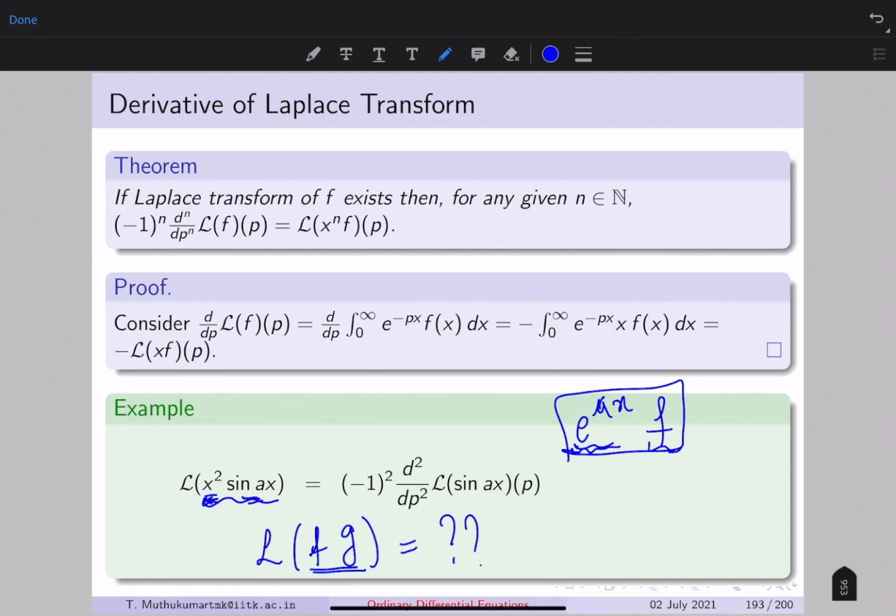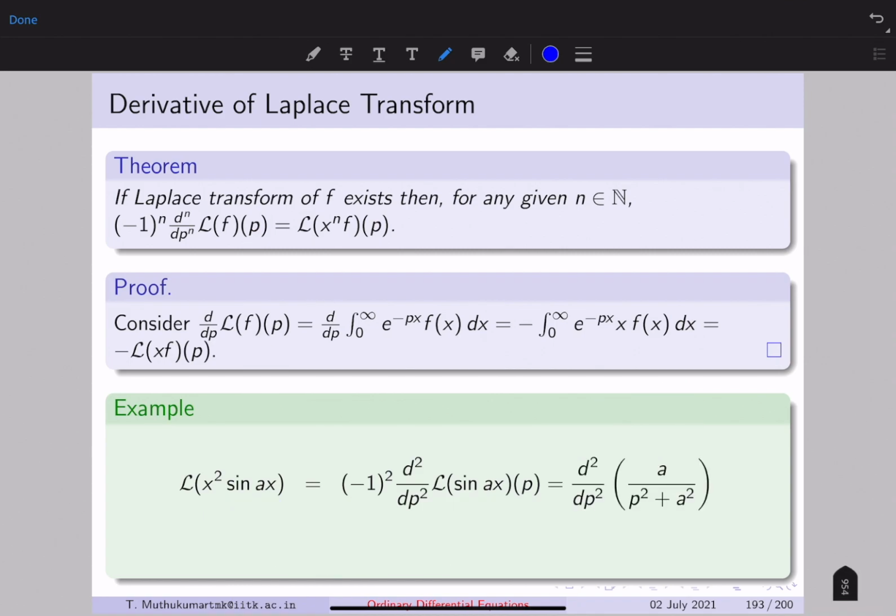So what is the Laplace transform of x square sine ax? By this result, it is minus 1 power whole square times the second derivative of the Laplace transform of sine ax. Now the Laplace transform of sine ax is something you already know: it is a over p square plus a square. Minus 1 square is 1, so that is there.